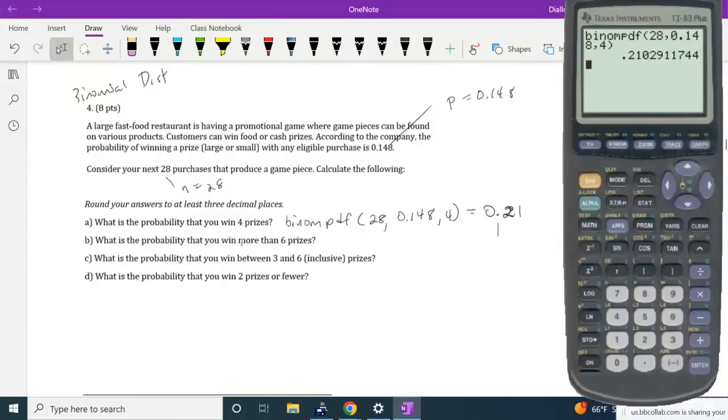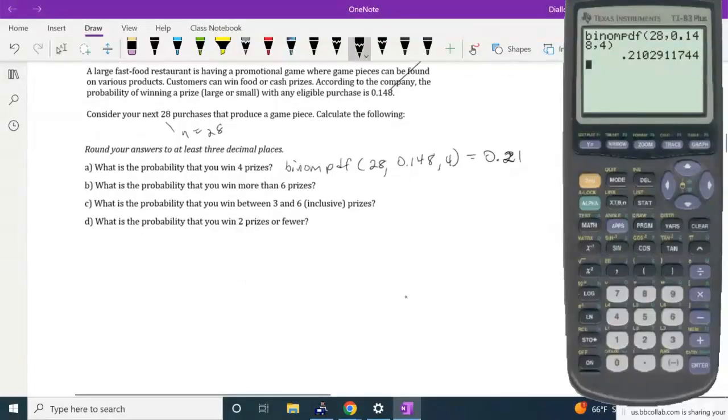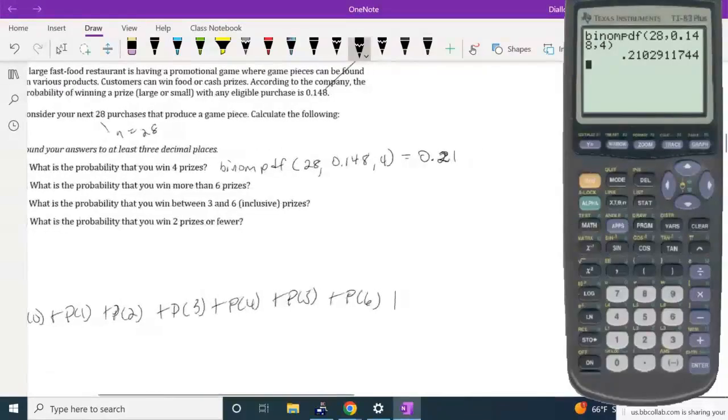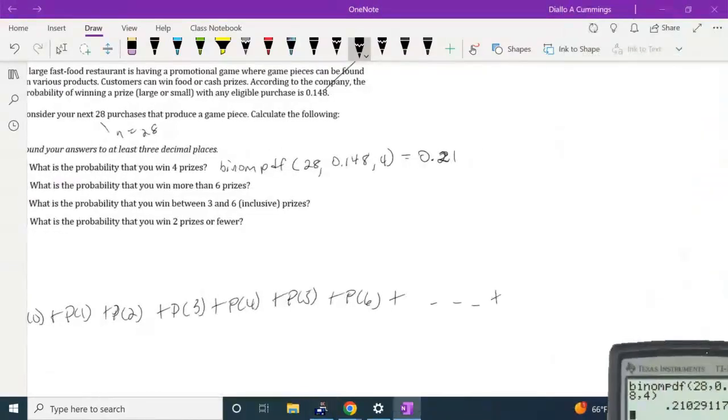All right, B says, what is the probability that you win, excuse me, that you win more than 6? So that means you will be 7, 8. Let me just map this out. P of 0 plus P of 1, plus P of 27 plus the probability of 28, all that equals 1.